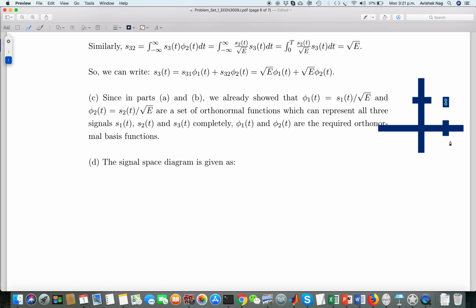So that's it. It can represent all three signals. So you don't always need the Gram-Schmidt procedure, if you can apply a little bit of logic and argument.